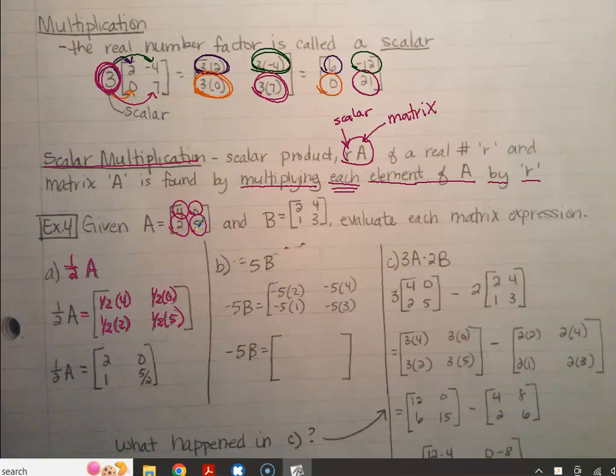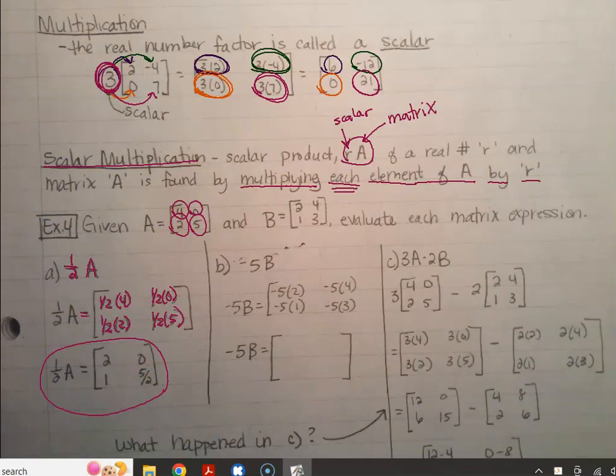And then I simplify that. 1/2 of 4 is 2. 1/2 of 0 is 0. 1/2 of 2 is 1. 1/2 of 5 is 5/2. So this is my final answer. 1/2 of matrix A equals 2, 0, 1, 5/2. So I'm just distributing that.